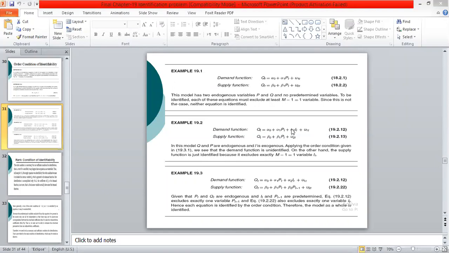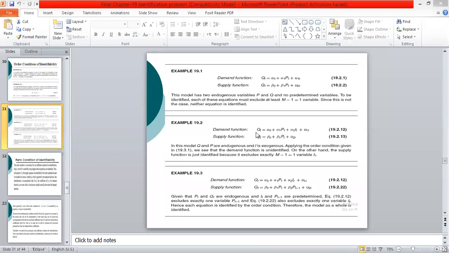Our equation of interest is the demand equation because we want to examine the identification of the demand function, whether it is identified or not. So write down the information of this equation. Small m shows the number of endogenous variables in the given equation.